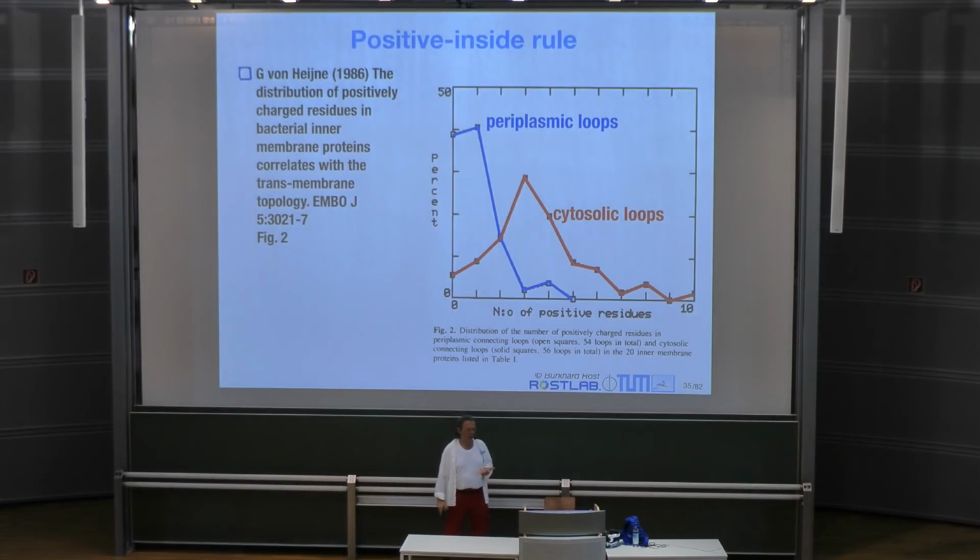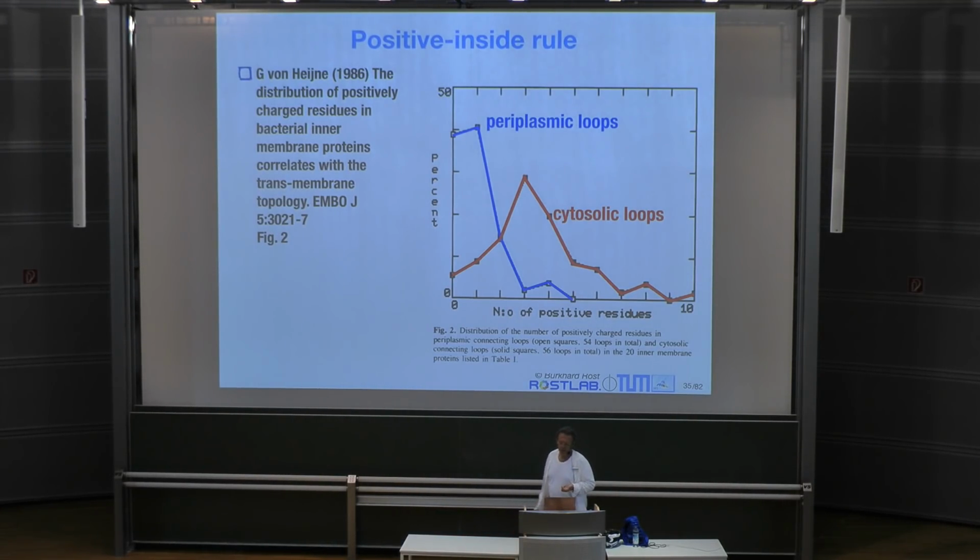And what Gunnar von Heijne realized is that when you look at the ones that start on the outside in blue and the ones that start on the inside in red, then the number of positively charged residues is different. We're not talking about the membrane regions, we're talking about the regions that are next to the membrane helix.